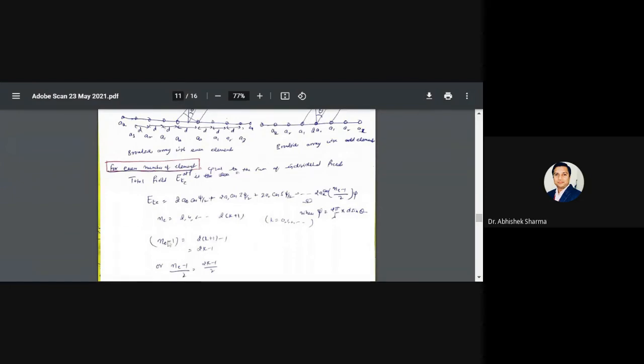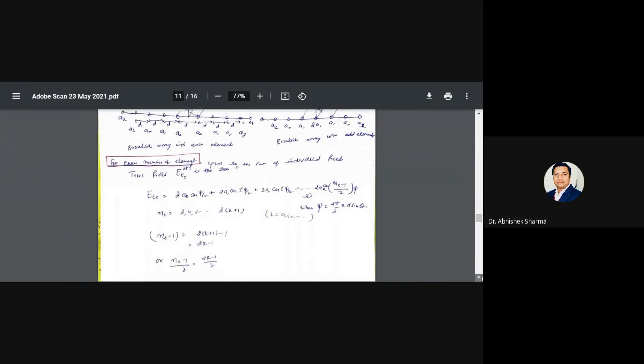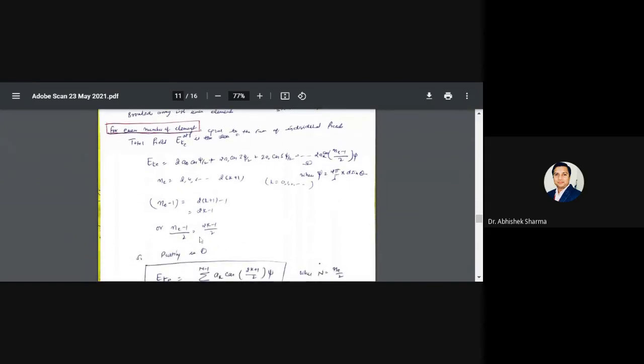And ne minus 1 is equal to 2k plus 1, or ne minus 1 by 2 is equal to (2k plus 1) by 2, just to put this in terms of k.